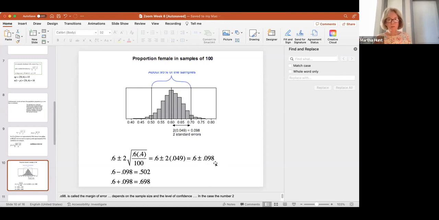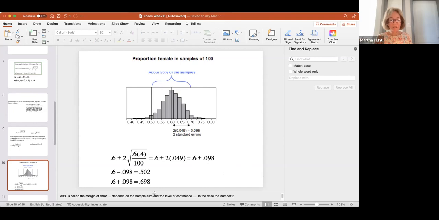You might have heard of that. We're trying to estimate the proportion of females. How close can we get? Give or take 9.8%. This is the margin of error.